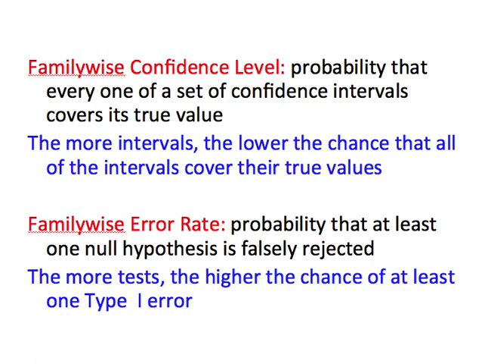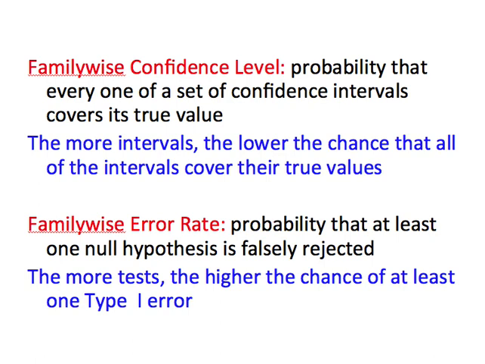The confidence level for one particular confidence interval is, say, 95%, which means there's a 95% probability that that interval covers its true value. A family-wise confidence level is the probability that every single one of the confidence intervals that you have in the family covers its true value successfully.